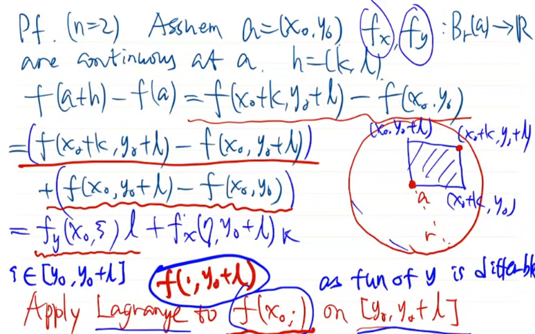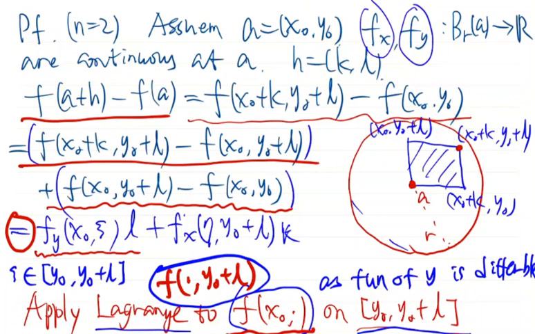So we get this equality. The difference of f at a plus h and a becomes some linear combination of the partial derivatives with respect to x and y.